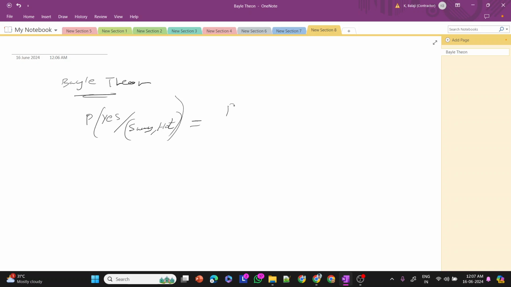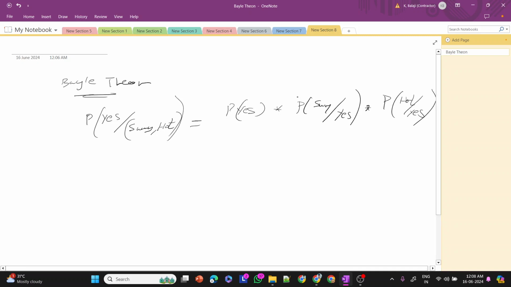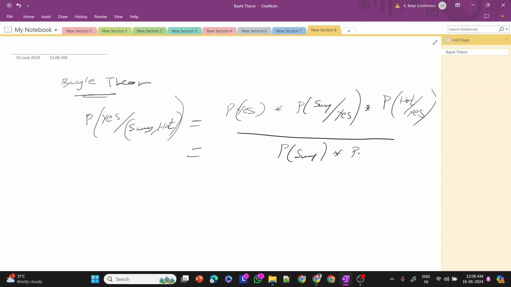It is equal to the probability of S into the probability of sunny given S and into the probability of hot given S, divided by the probability of sunny into the probability of hot.